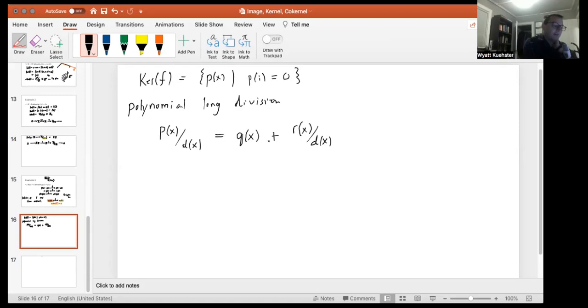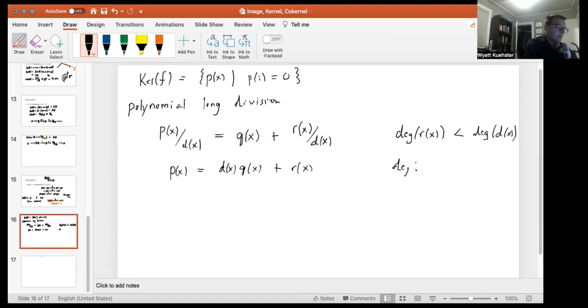But when we divide, the degree of the polynomial r of x becomes less than the degree of the divisor, d of x. So for any polynomial p of x, I can always write it as q of x times d of x plus r of x, with the degree of r being strictly less than the degree of d. And I can do this for any d that I pick.